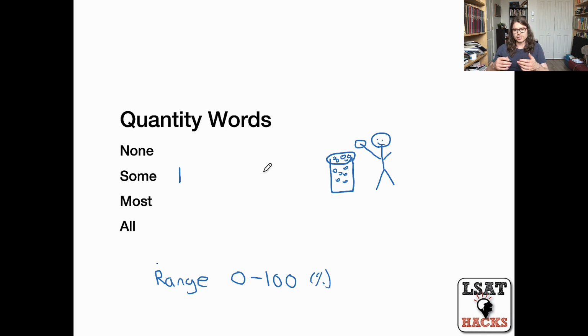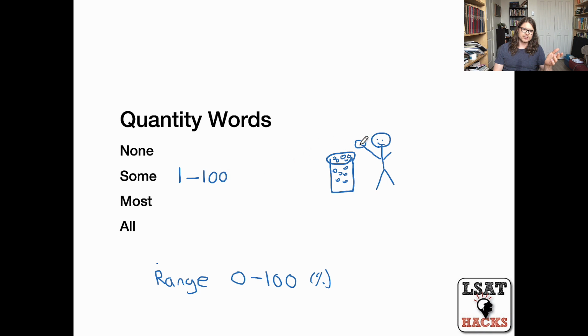We all know they're referring to you, to one person. One person is what the word some refers to. So even though in real life, most of the time, we don't mean one when we say some, technically, there are cases when it does mean one. And because the LSAT is technical, then the full range for the word some is 1.